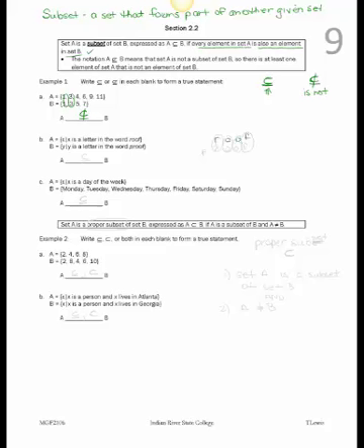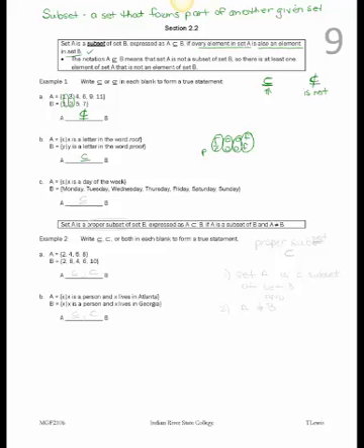Set A has roof, set B has proof. Is every element in set A an element in set B? Well, yes, we have an R, an O, another O, and we have an F. Therefore, we would say is a subset of.